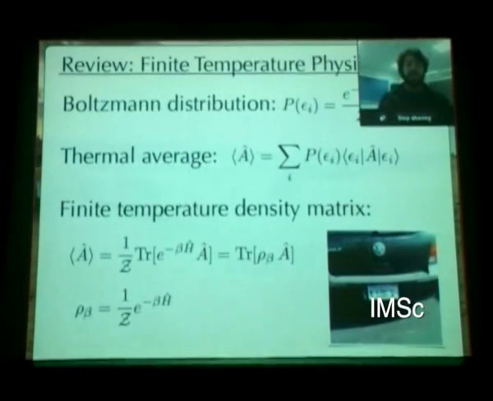That's e to the minus beta times the energy, normalized by the partition function Z. Once you have these energy eigenstates, you do a sum over them with these weights, and you get the correct thermal average. And of course, in terms of the density matrix, instead of having these c-number weights, you just have an operator of the weights. But the advantage there is it lets you compute this trace over the thermal density matrix in any basis, not just in the basis of energy eigenstates.